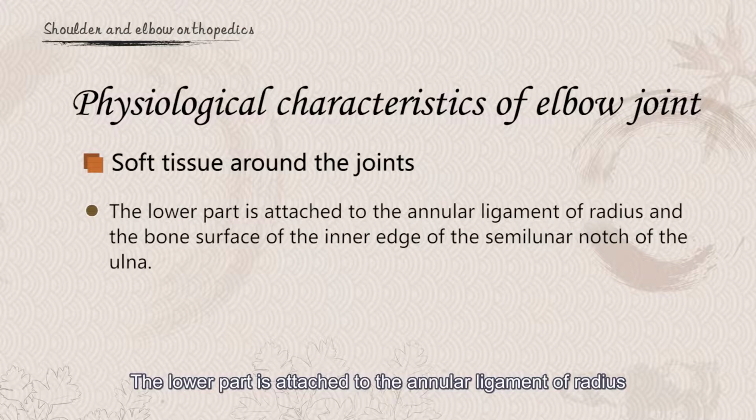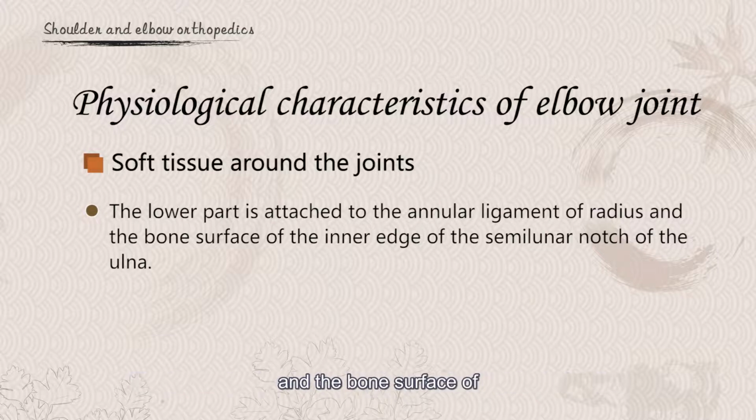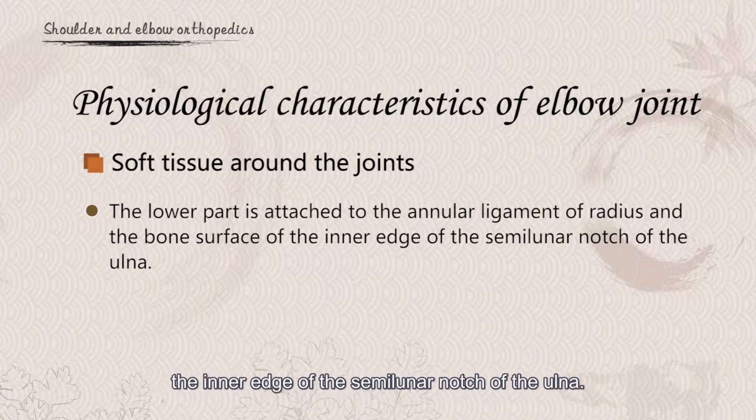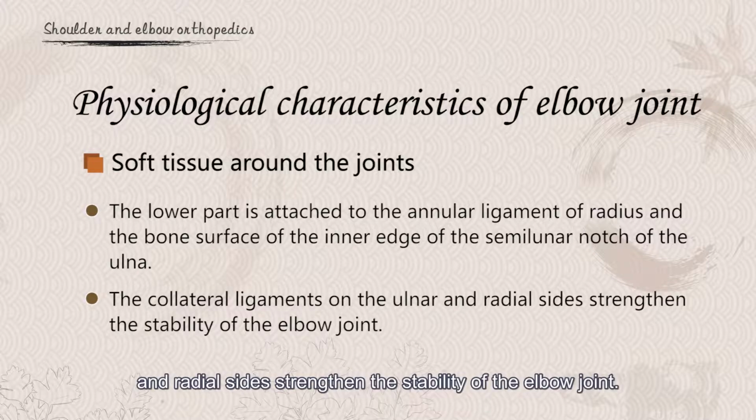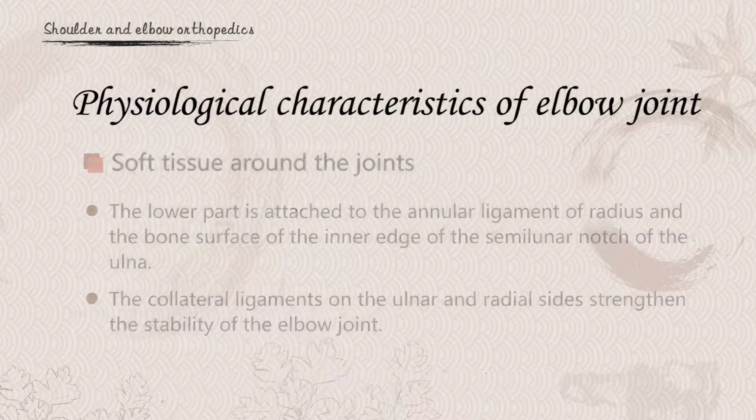The lower part is attached to the annular ligament of the radius and the bone surface of the inner edge of the semilunar notch of the ulna. The collateral ligaments on the ulnar and radial sides strengthen the stability of the elbow joint.